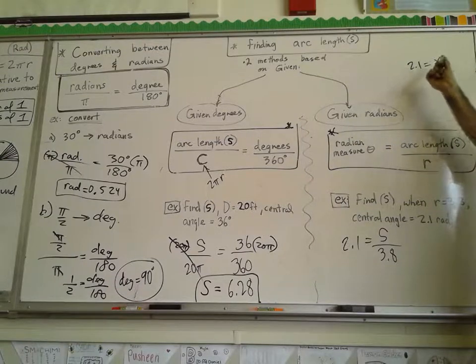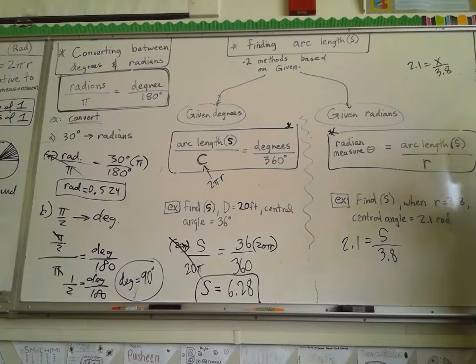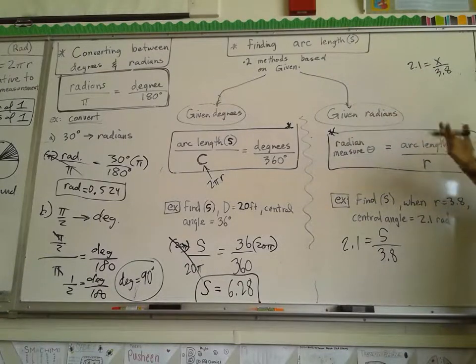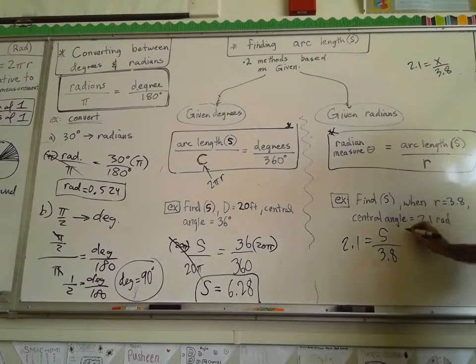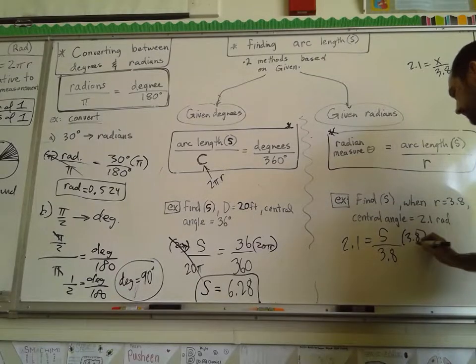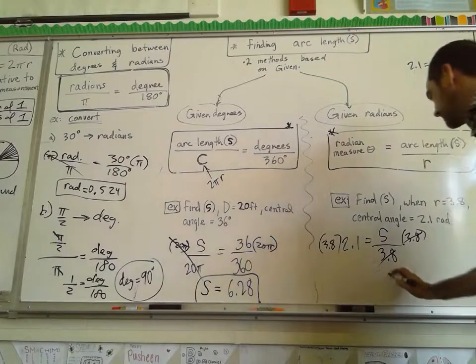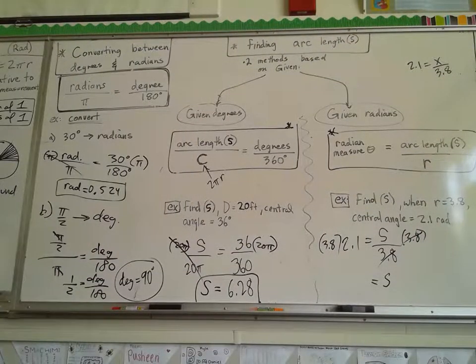It's divided by 3.8, so I just multiply. As long as you get it in order and you know what you're given and which one to use, these relationships will all work. And you know how to do all this computation already. You're going to multiply by 3.8. Cancel, cancel. S is 7.98.